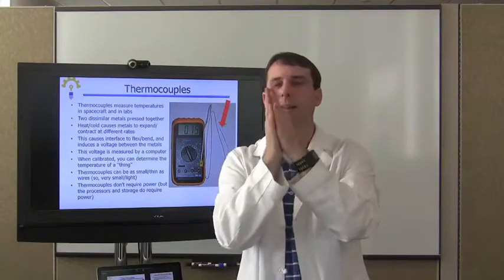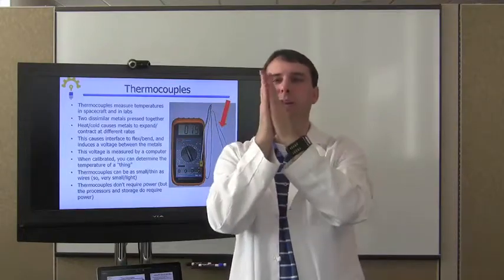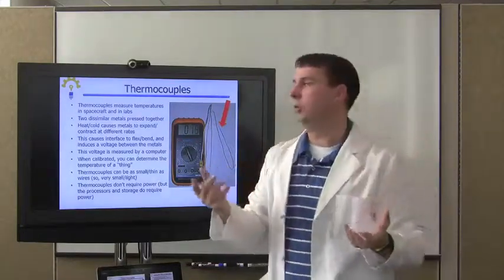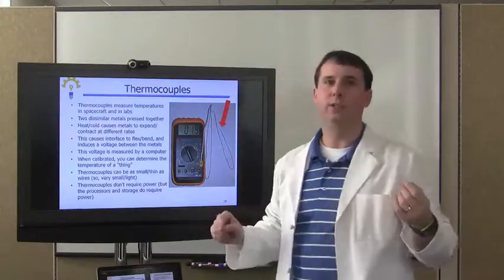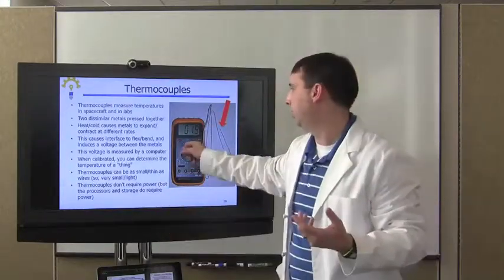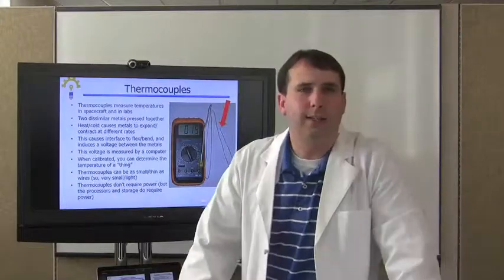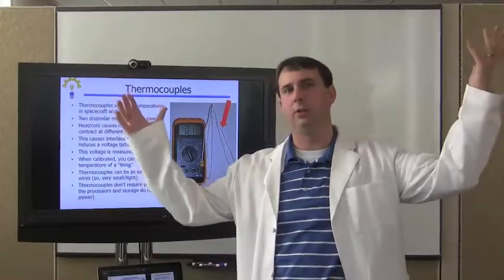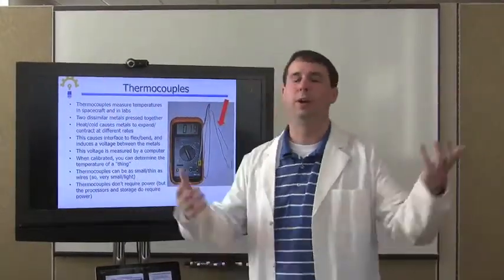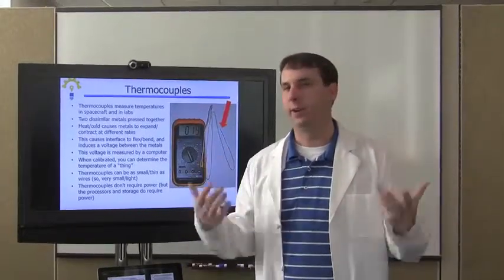One expands, one contracts. That voltage is read by a computer or a sensor, and it's calibrated ahead of time, and boom, you've got your temperature. That's how thermocouples work. Very simple, very reliable.